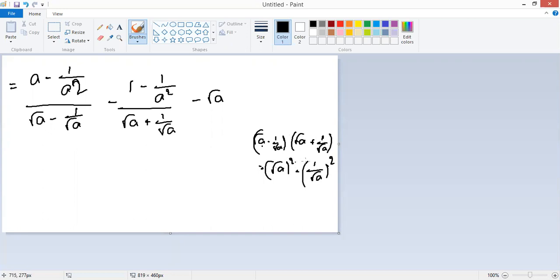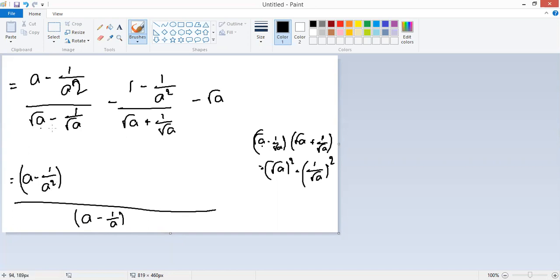What is root a square? Nothing but a. So we will write that as a minus 1 by a. Now, a minus 1 by a square. Here in this denominator part, we have already root a minus 1 by root a, so we have to multiply with root a plus 1 by root a.